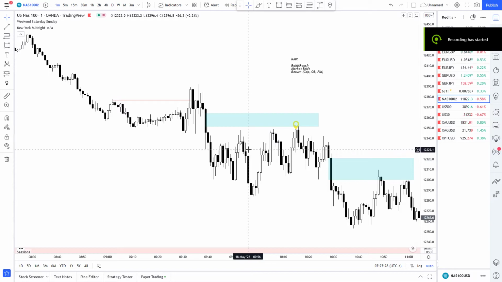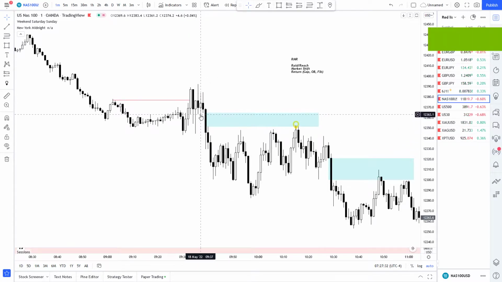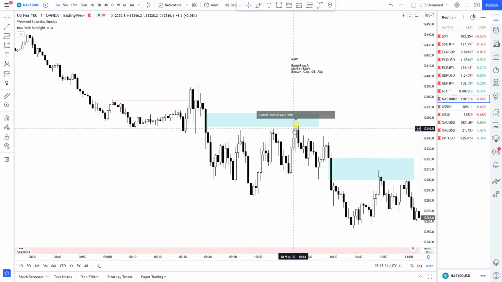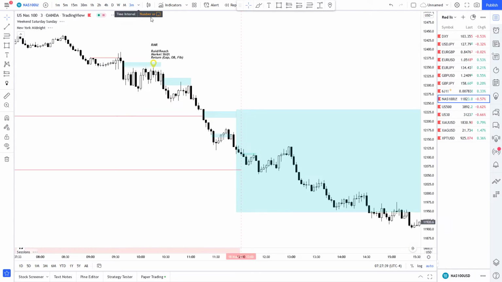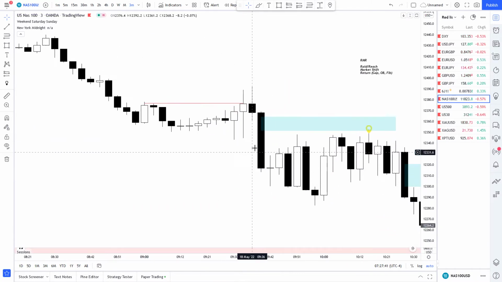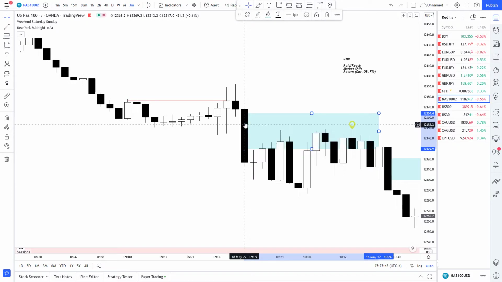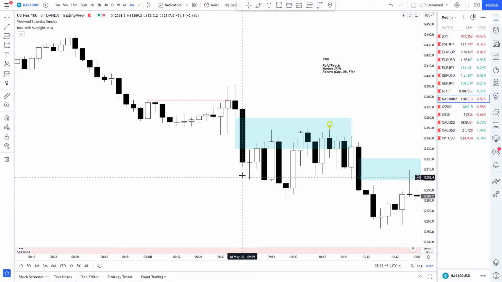I just wanted to add, because I was only using a 1 minute gap to refine my entry, and I would have only had 1 or 2 minutes to enter, on the 3 minute chart there's actually a much wider entry that's available. There's a bigger gap here, and you can enter in any of these candles.